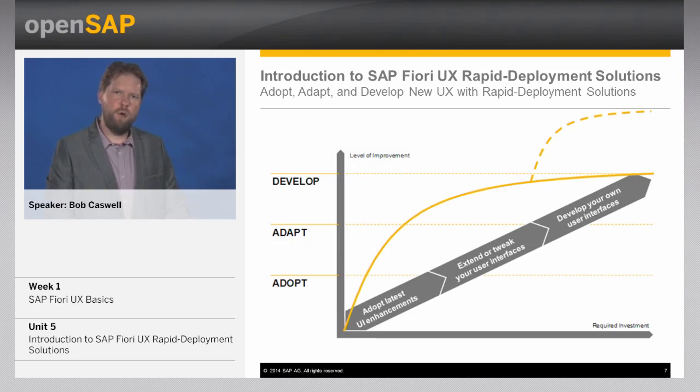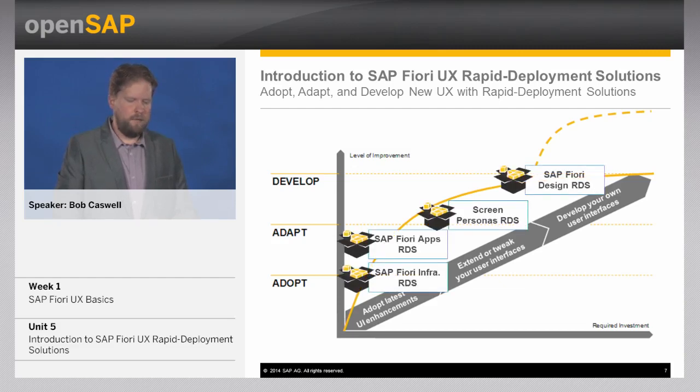One more view I wanted to show is how you should go about looking at these packages compared to each other. I like this view because on the x-axis you see required investment, and on the y-axis you see level of improvement, or how much the user experience changes.